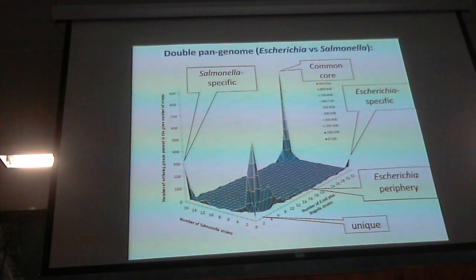We have about 100 genes universal for Escherichia and completely absent in Salmonella. And these are exactly the genes that have generated these ugly internal peaks in the U-plot common for Escherichia and Salmonella.